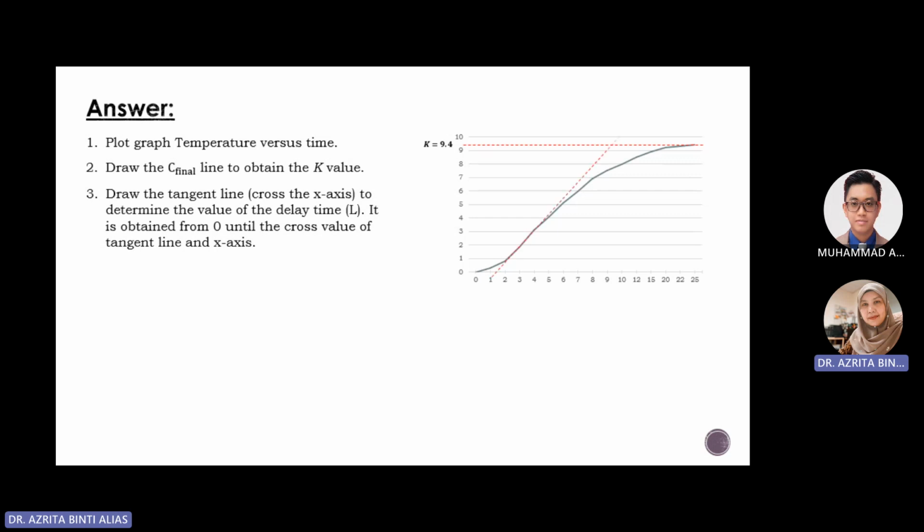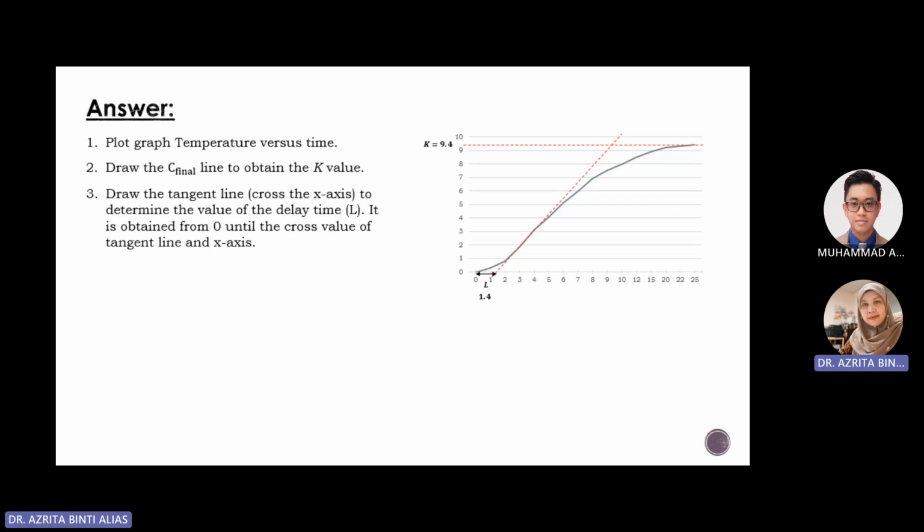You draw the line that touches many data values on this part here, until it crosses the x-axis. The value from 0 until the cross value here is the parameter L, which is our delay time.